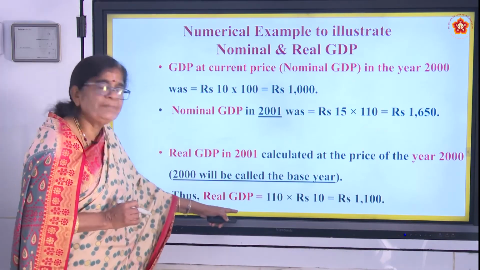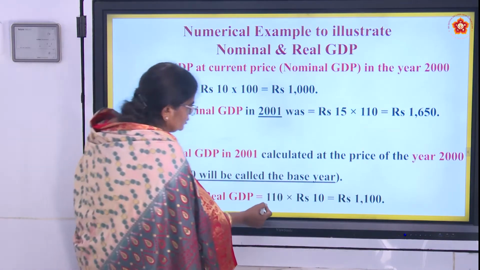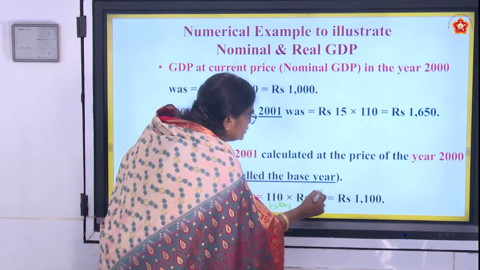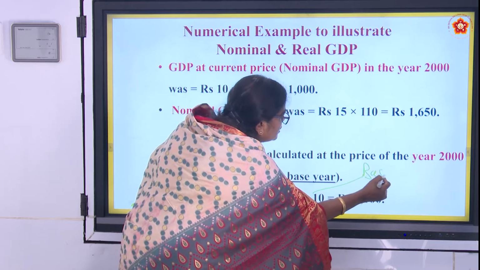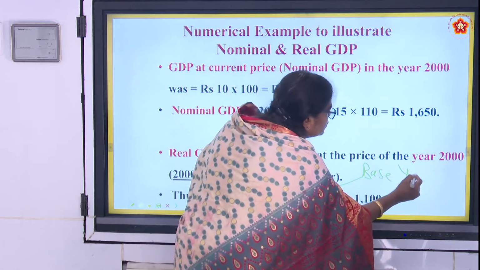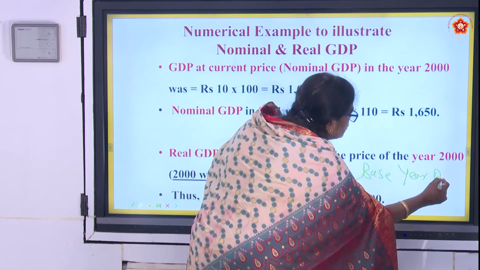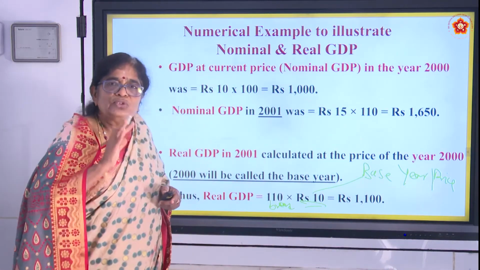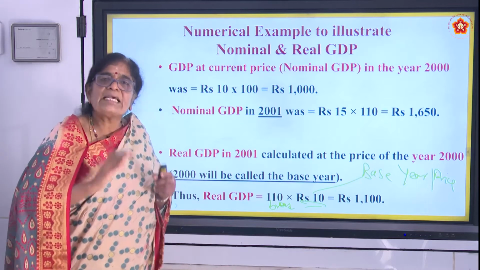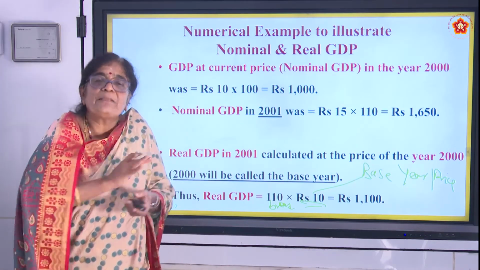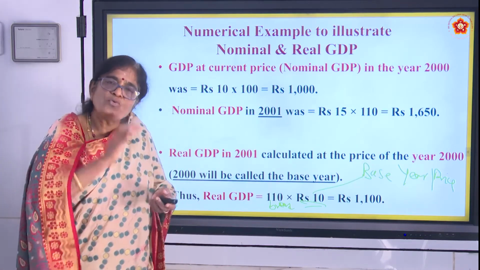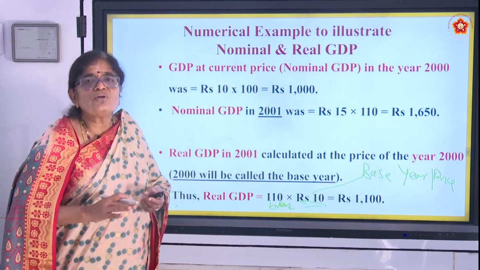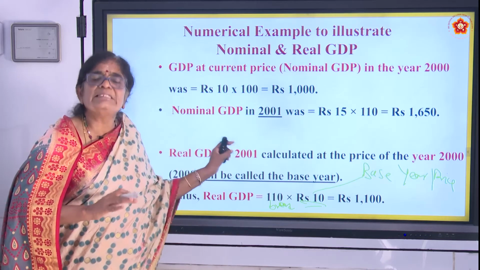Therefore, real GDP is how much? 110 units of bread into the base year price. This is the price called the base year price: rupees 10, because the year 2000 price is used as the base year price, to see the exact growth of GDP keeping the price constant. That means in 2000 it was 10 rupees per bread, and in 2001 also we consider the price didn't change.